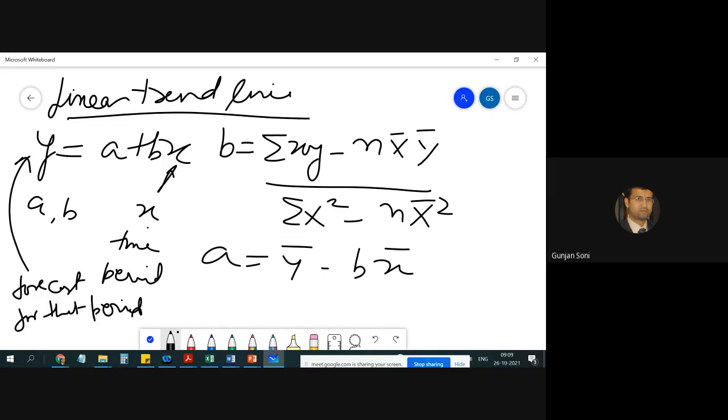Can you calculate A and B value quickly? I think you should take 5 to 7 minutes to do this calculation.